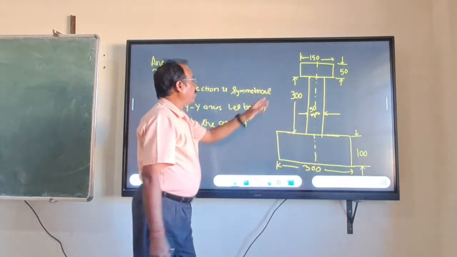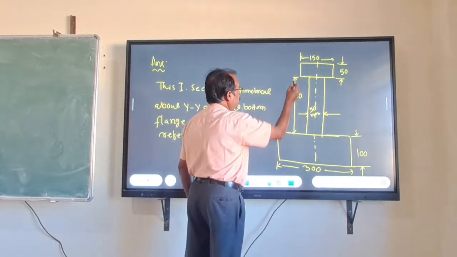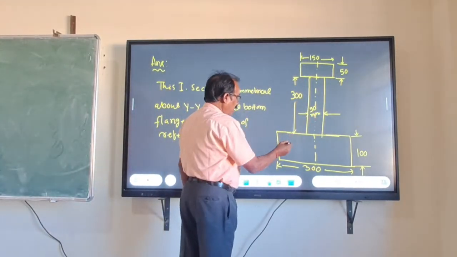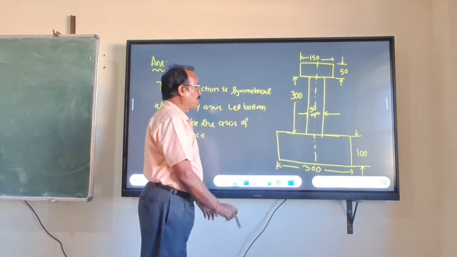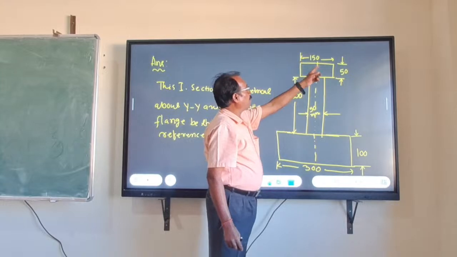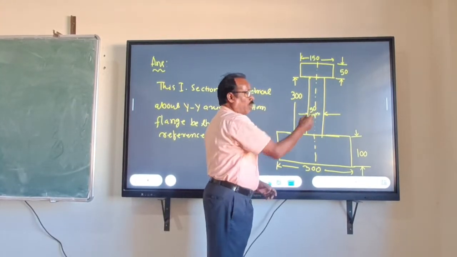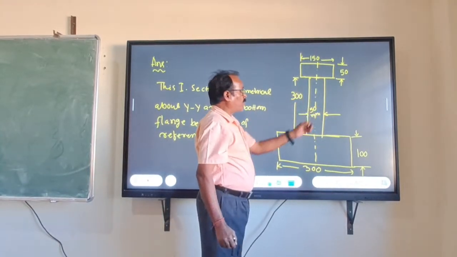This is the diagram of the I section. This is the top face. This is the web. This is the bottom face. The dimensions of the top face are 150 into 50. The dimensions of the web are 300 into 50.